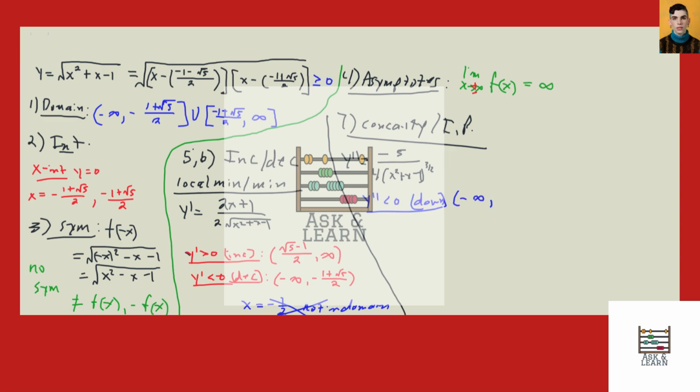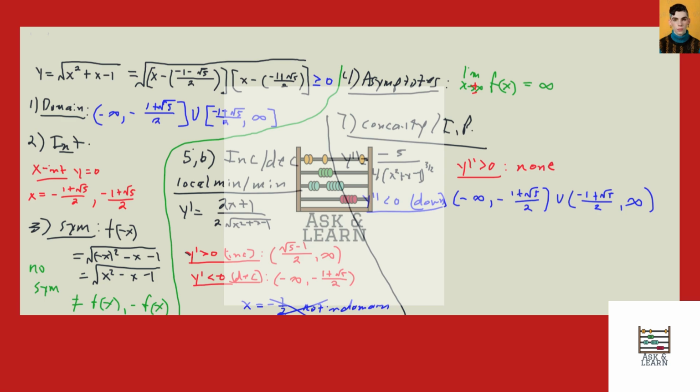So negative infinity to (-1 minus the square root of 5) over 2, union (-1 plus the square root of 5) over 2 to infinity. And I'll just say up here, y double prime strictly greater than 0: never. So there are no intervals for that.